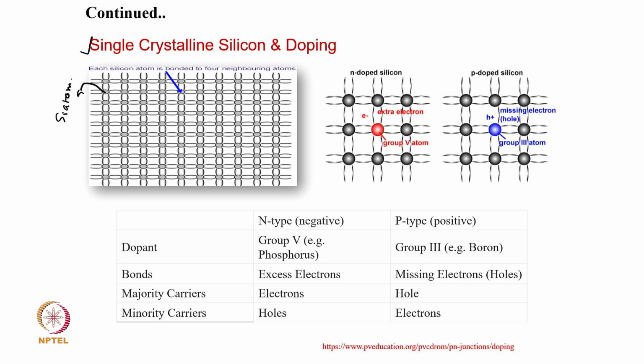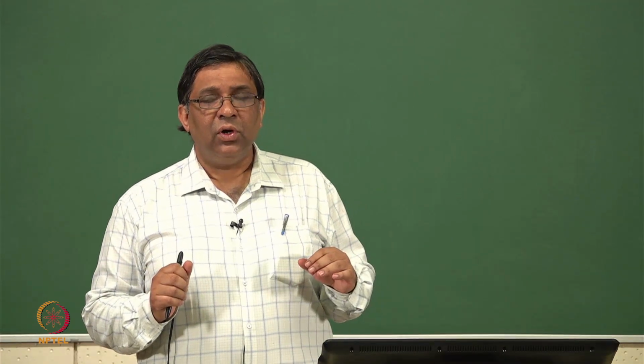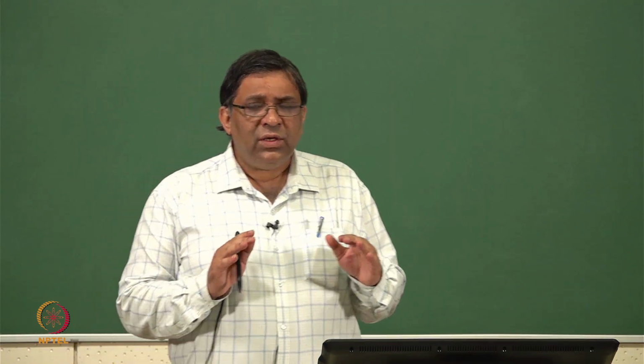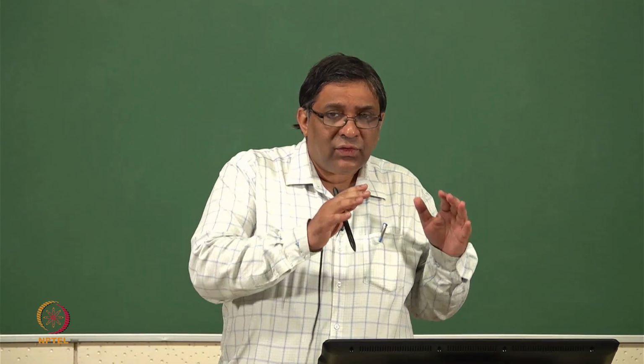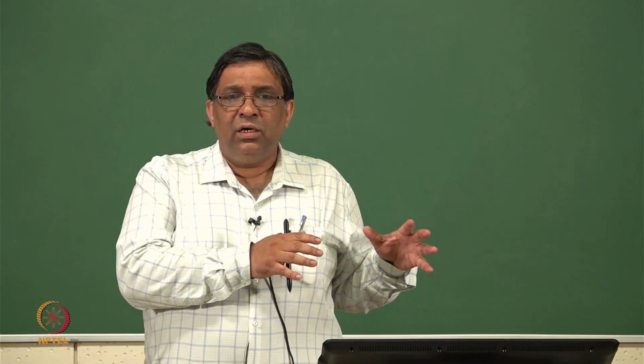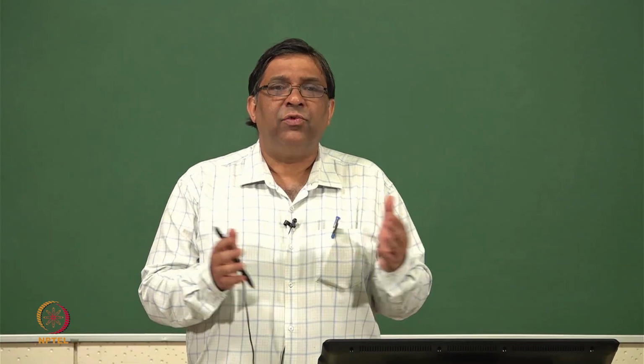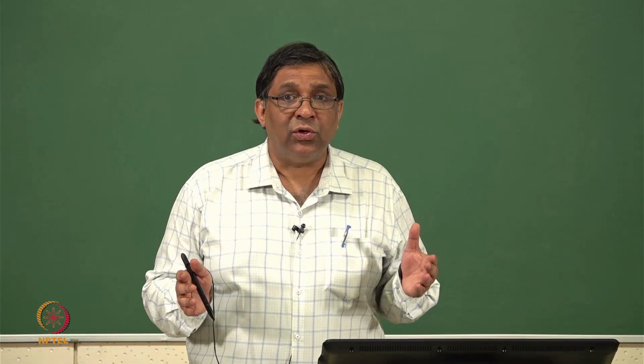It has 4 valence electrons, so you can make a very nice bond with 4 nearby silicon atoms. Okay. But the atomic structure of the single crystal silicon, as we see here, is not capable enough for a silicon solar cell, although it is pure.